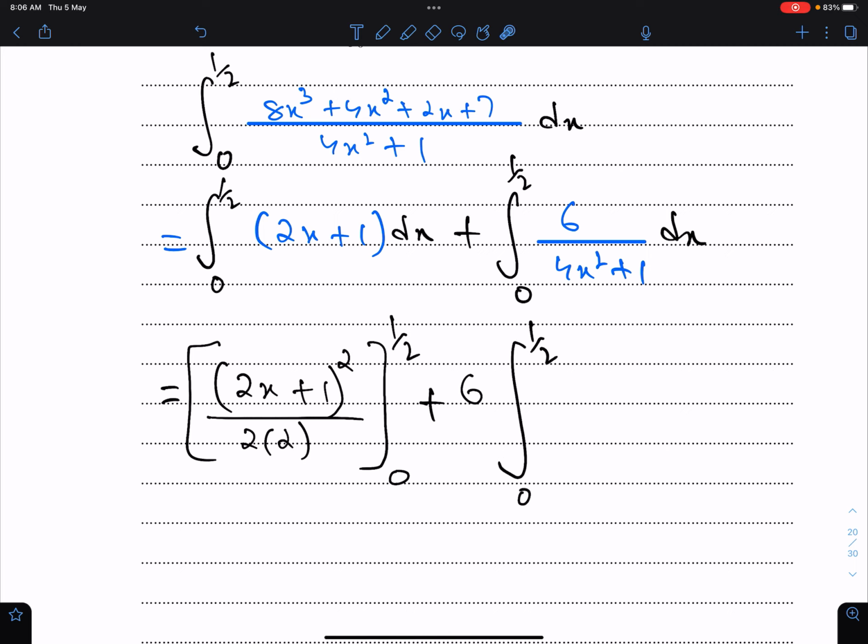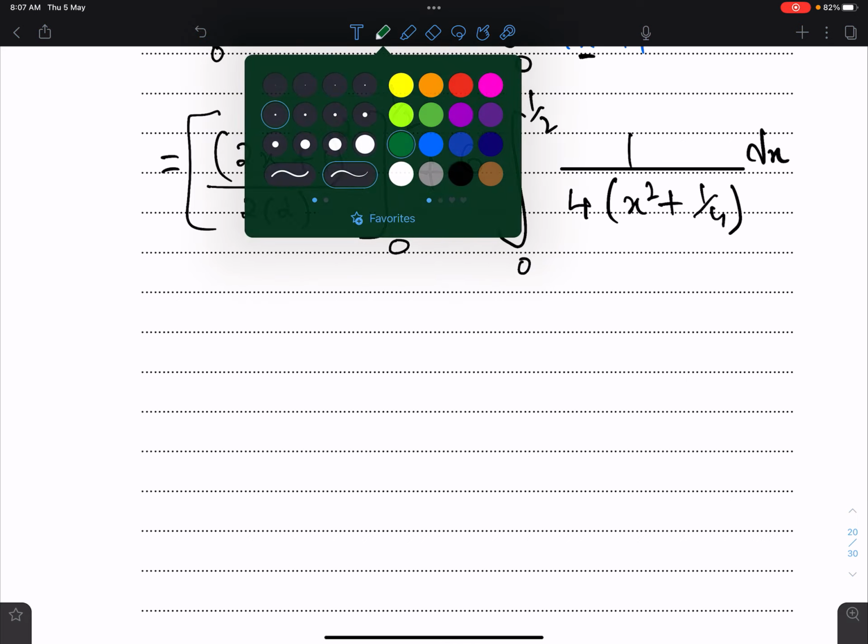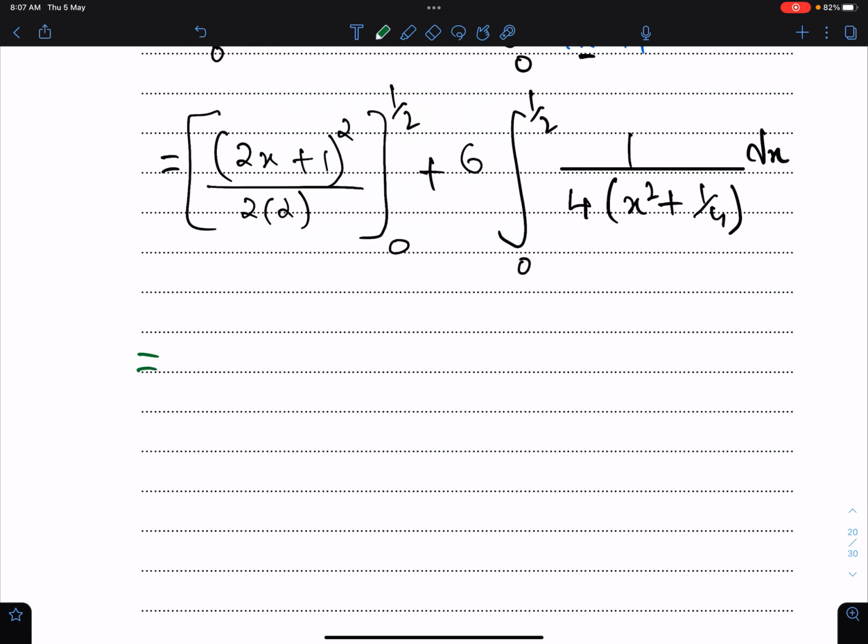Well, this is the structure of tan inverse formula. And for tan inverse formula, the coefficient of x square must be 1. For that, you have to take 4 common from these two terms. Well, here we will get 1 upon 4.